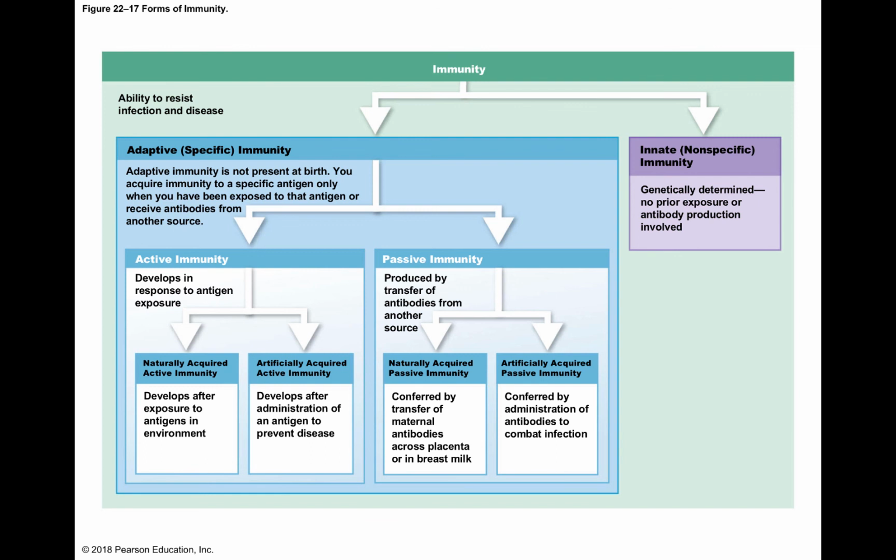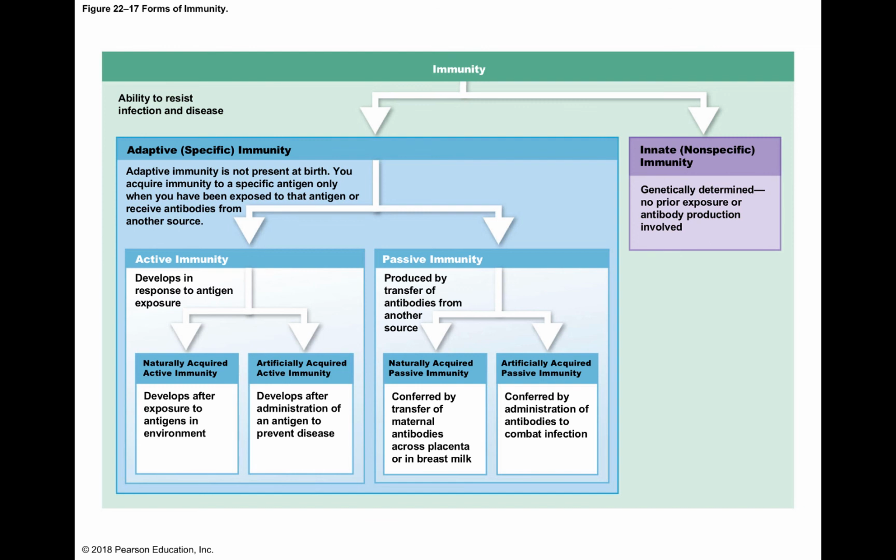All right, so now let's put these together and think about, we can have naturally acquired active immunity. So when do you come in contact with an antigen through the environment? How? Someone sneezes on you, someone coughs on you, someone sneezes on their hands and then shakes your hand.